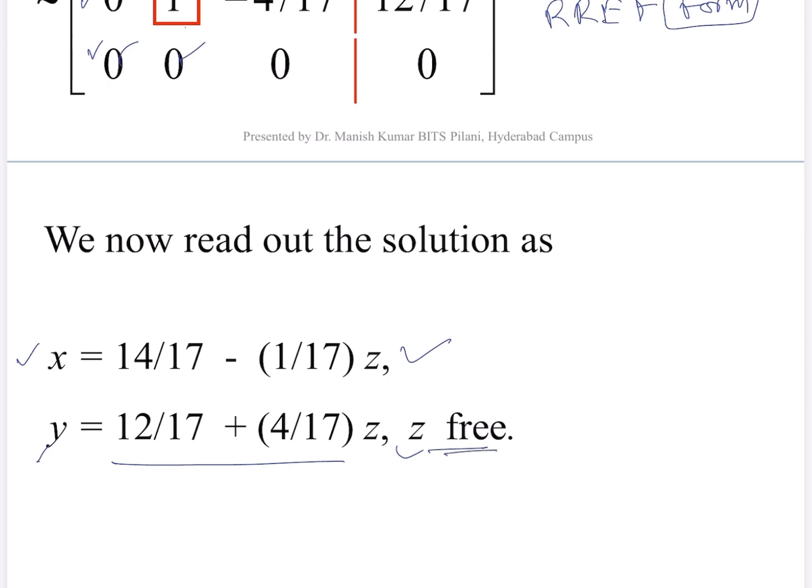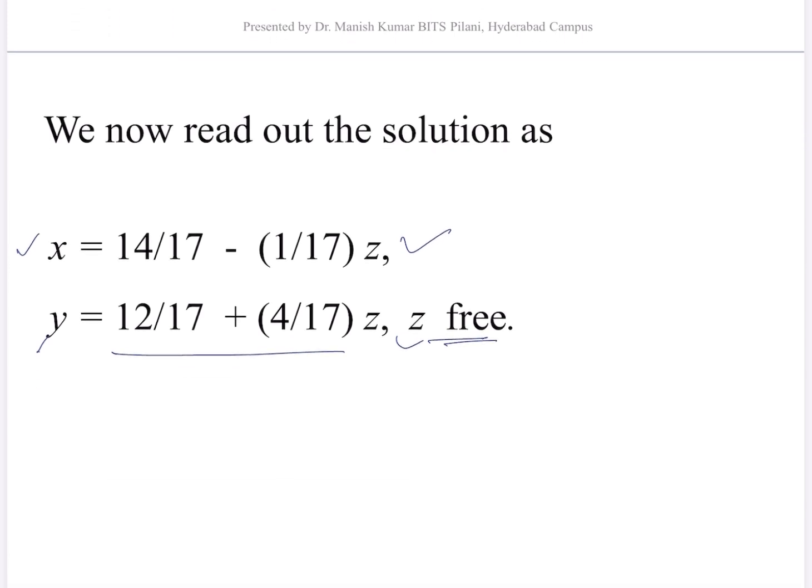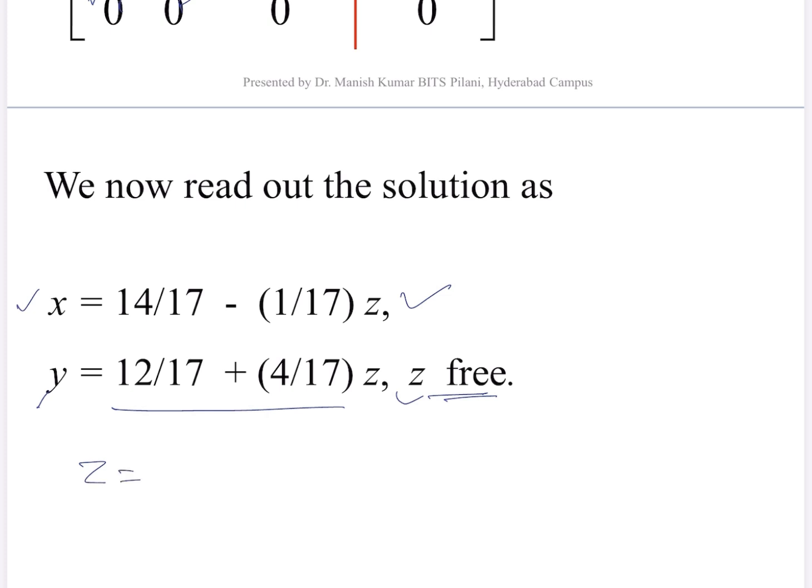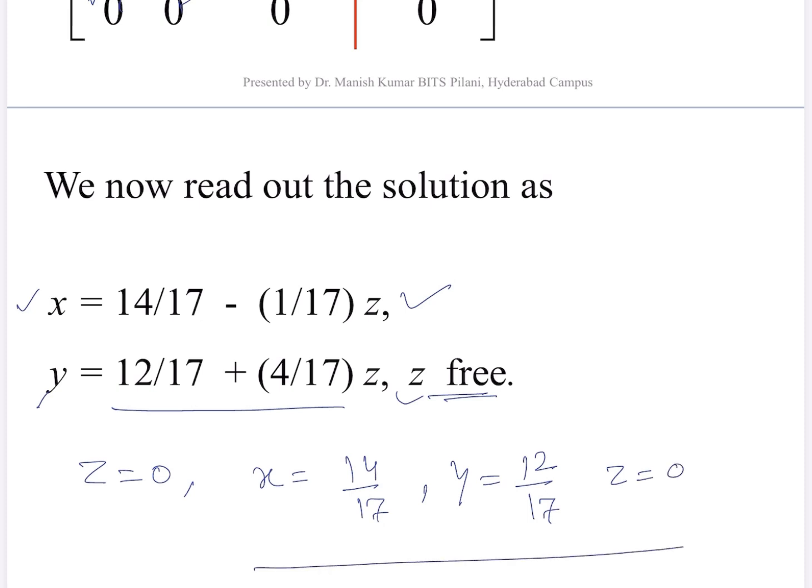So if you plug in z equal to 0, for instance, you will get x equal to 14 by 17, y equal to 12 by 17, right? And z equal to 0. So this is one solution. Similarly, you can find other solutions as well. Okay, so thank you very much.